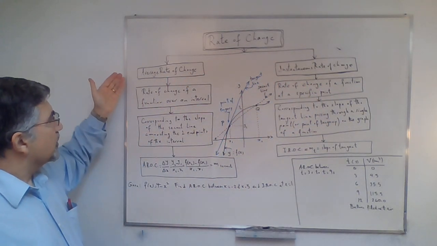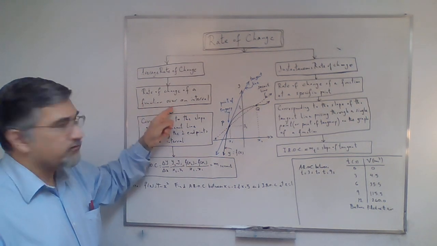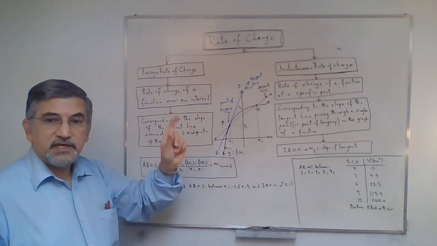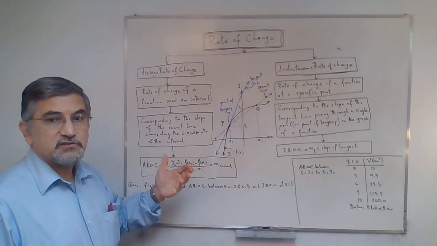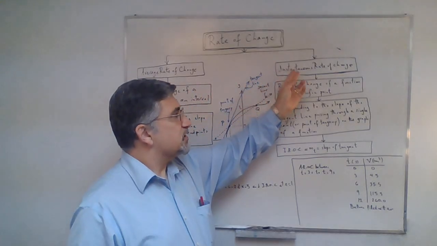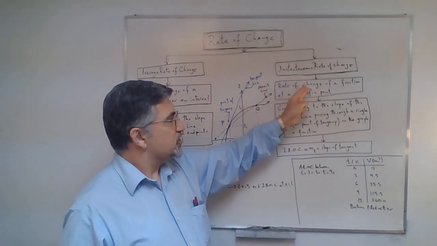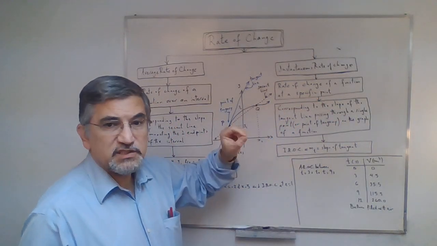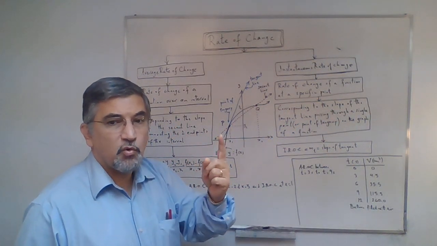So an average rate of change is a rate of change of a function over an interval. So there must be an interval or two endpoints involved when we are asked to calculate the average rate of change. However, in case of instantaneous rate of change, that is the rate of change of a function at a specific point. And this specific point is just one single point.